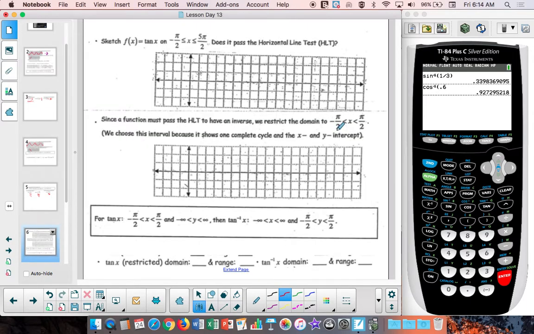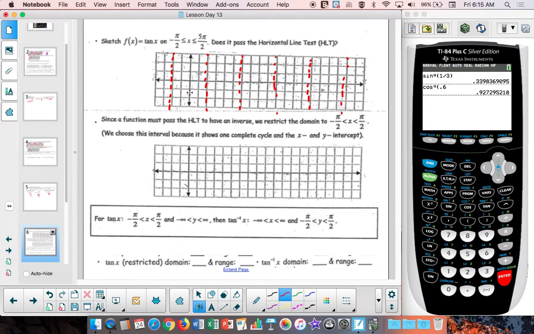Next, we're going to go through tangent, which, again, has very similar problems. This time, they're a little bit different problems. But same idea, so going to cut to the chase. This is not going to pass the horizontal line test just because all of these types of functions are cyclical.